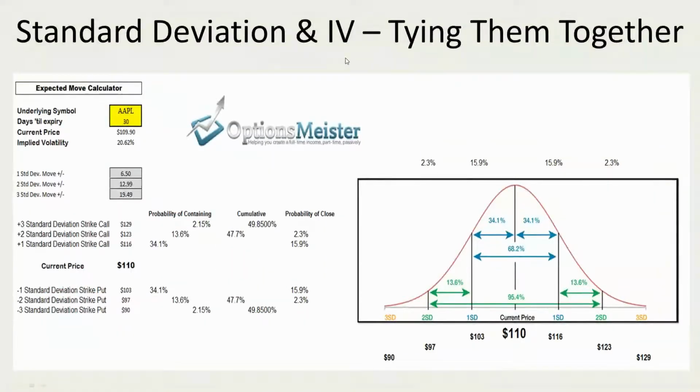Okay, now what I've done here, I put together a little expected move calculator that I'm happy to share. I'll try to put it into the room if you have an interest in it. I'm not trying to stuff anything down your throat, of course, but you see the little yellow box up there where it says AAPL and how many days to expiry.